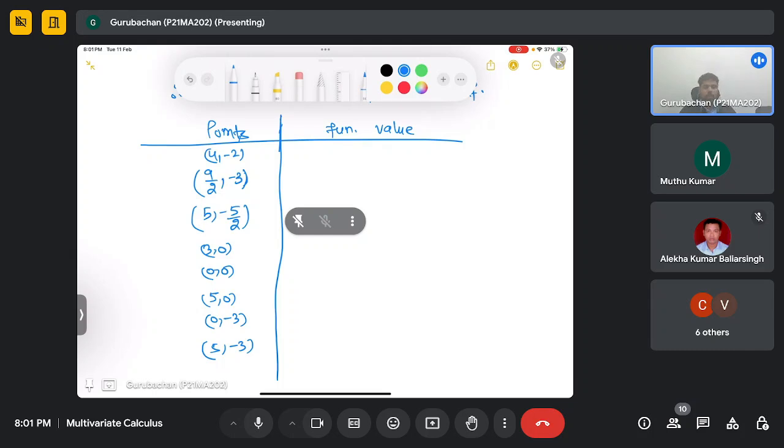Then we can decide which is the absolute maximum value of f and what is the absolute minimum value of f, and at which point we are deciding. Is it necessary to consider the corner points? Yes, it has also been told in the lecture that we need to consider the corner points.